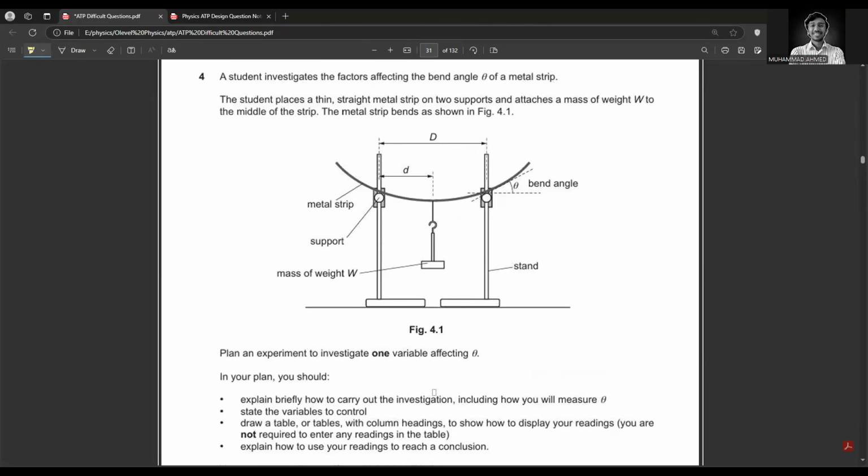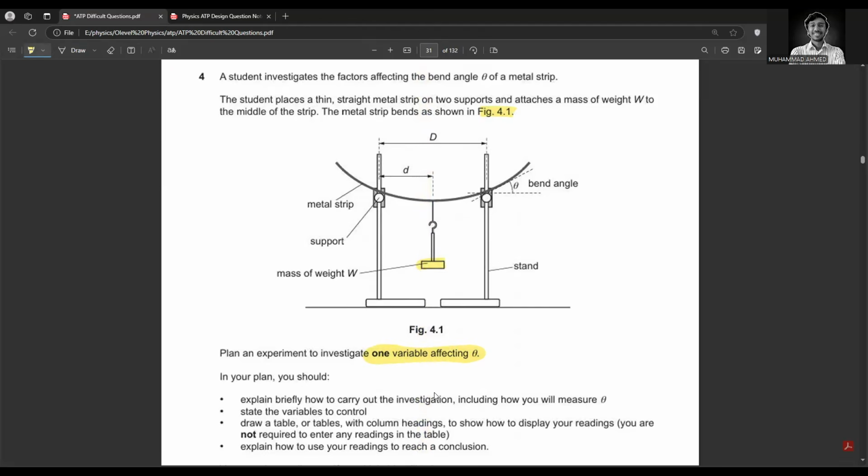Let me highlight it like this. This is a mass of weight W. The metal strip bends as shown in figure 4.1. Plan an experiment to investigate one variable affecting this angle theta.